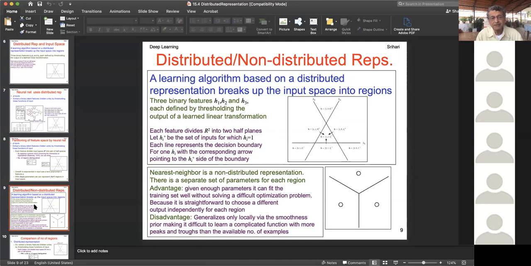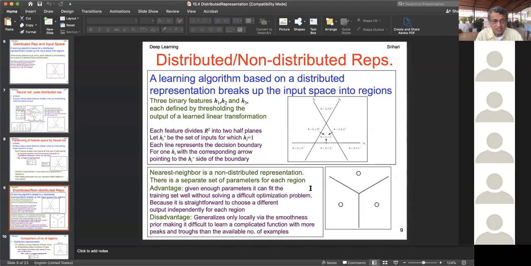Here we are comparing distributed and non-distributed representations. A learning algorithm based on a distributed representation breaks up the input space into regions, which is what we just saw, which is what is seen here. Now we are going to compare it with a non-distributed representation. A simple example of a non-distributed representation is a nearest neighbor. Let's say in this example we have 3 concepts.